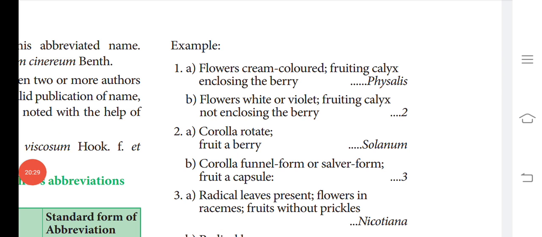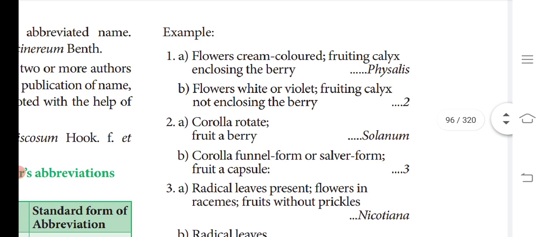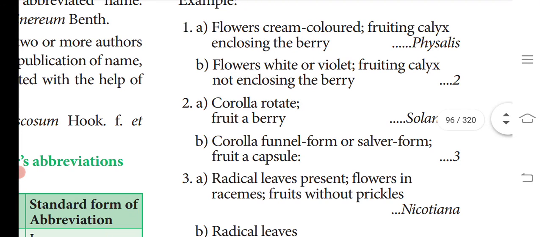For example, if you have a flower which is cream colored and the fruiting calyx encloses the berry, then it belongs to Physalis. Okay, if the flowers are white or violet and the fruiting calyx does not enclose the berry, then you have to go in for the next statement. Do you follow?